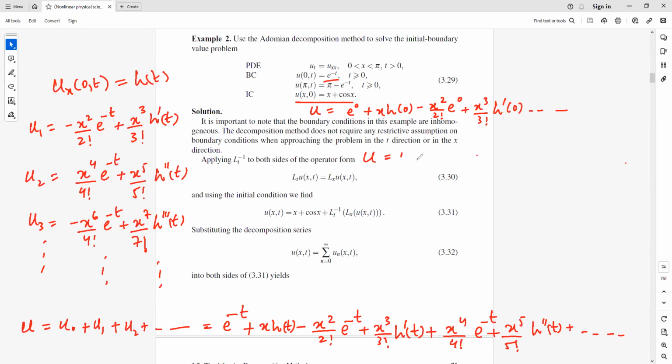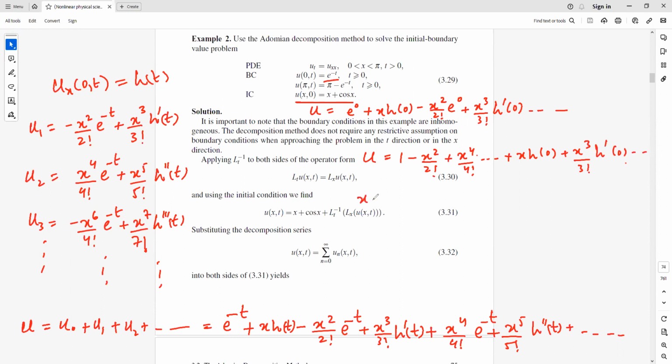Now u equals 1 minus x squared over 2 factorial plus x to the power 4 over 4 factorial dot dot dot plus x h of 0 plus then x cube over 3 factorial h prime of 0 dot dot dot.